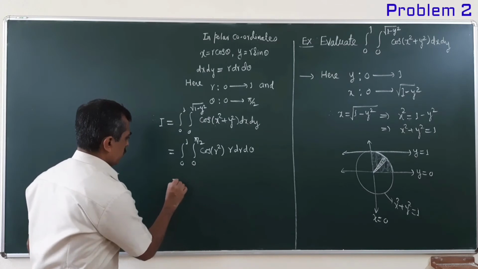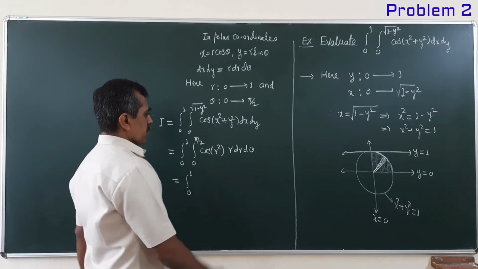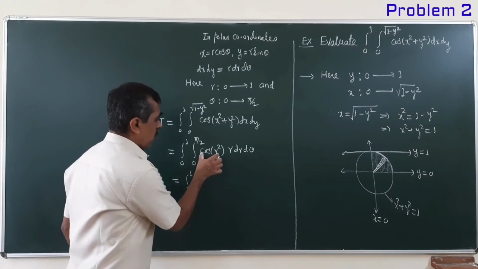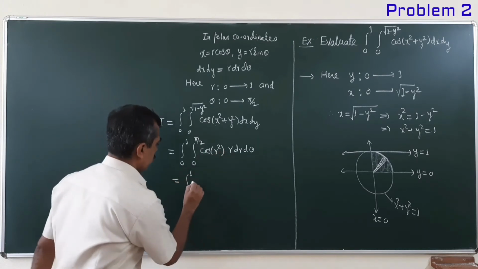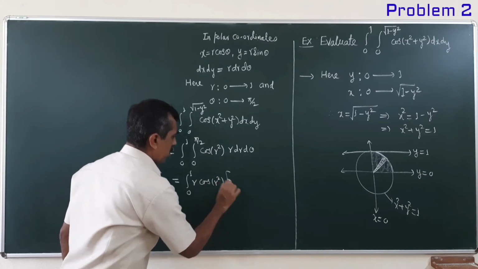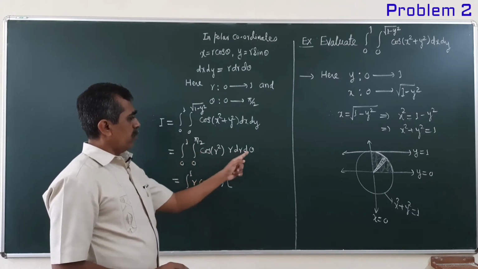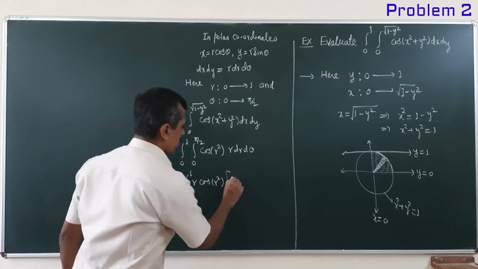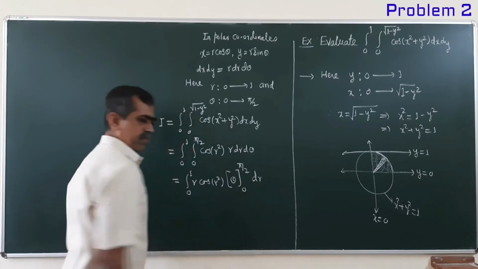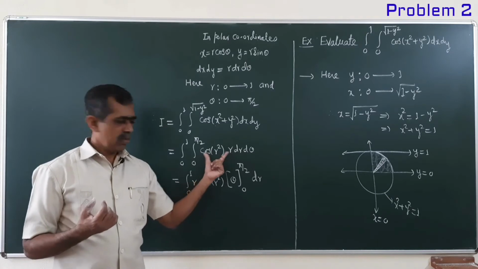So this is equal to integral 0 to 1. Now we will integrate with respect to theta first. With respect to theta, r and cos r square are constant, so r cos of r square into integral of d theta over 0 to pi by 2, and this is dr. Because with respect to theta these r quantities are constant, we take them outside.